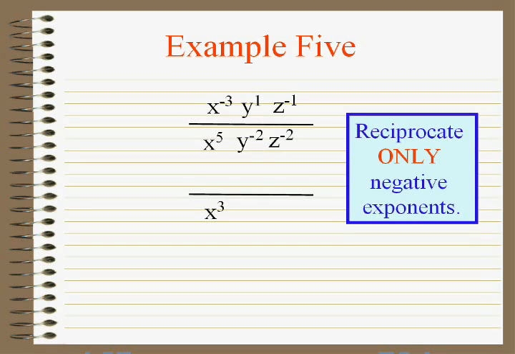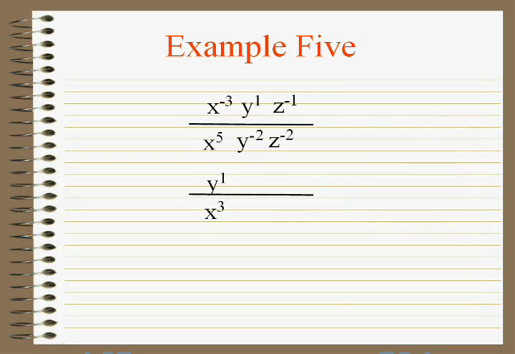So don't reciprocate him. Leave him alone. Stays right where he is. Z to the minus 1, he gets reciprocated. X to the 5th stays right where he is. He's a positive exponent. Y to the negative 2 is downstairs, so it goes upstairs. And Z to the minus 2 is downstairs, so it goes upstairs.